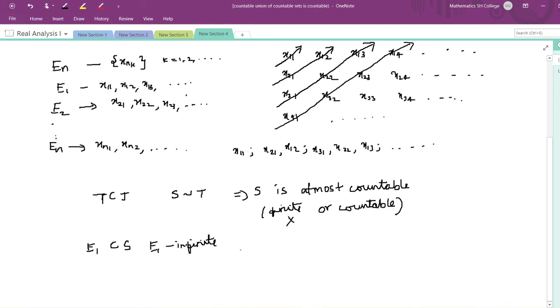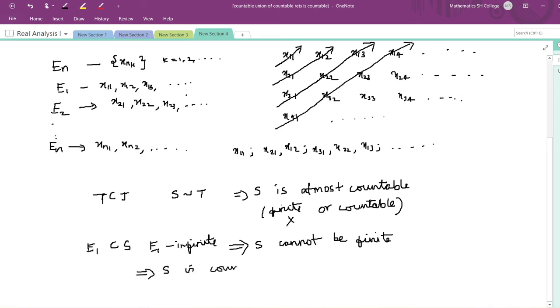It means that S cannot be finite because S has an infinite subset. A finite set cannot have an infinite subset. So S cannot be finite. Then the possibility is that S is countable.